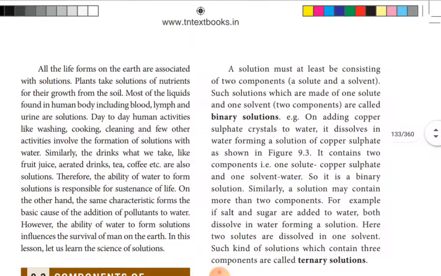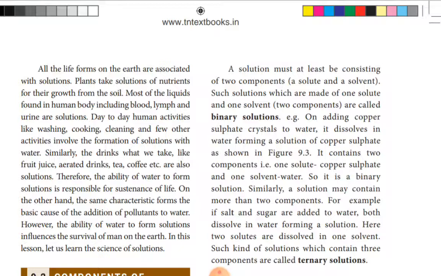Then based on the components, we are classifying binary solution, ternary solution. Suppose a solution is made of one solute and one solvent, that means if the solution contains two components, it is called a binary solution.